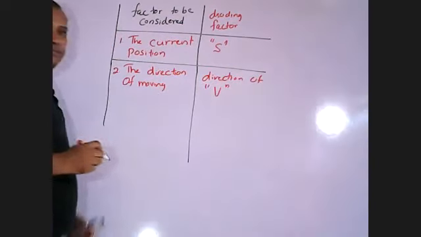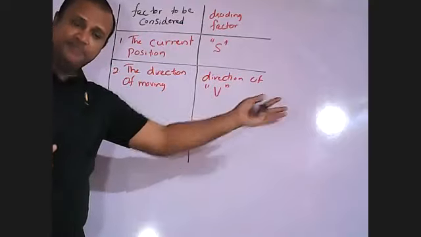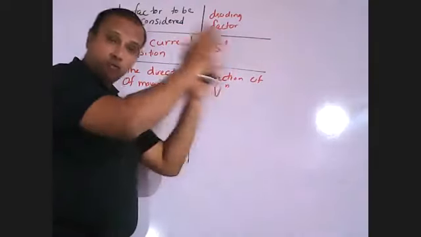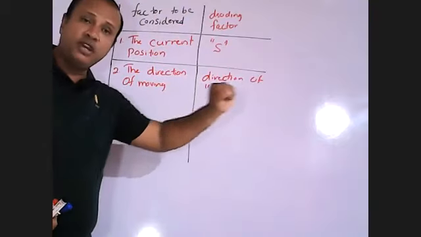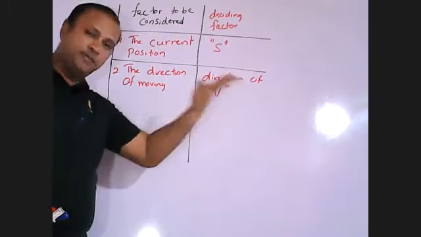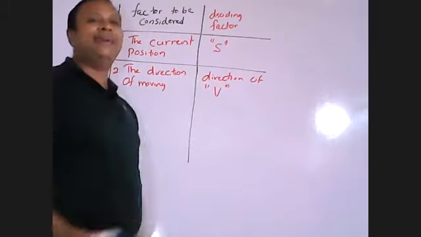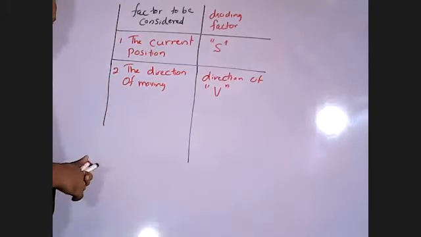If the direction of velocity is on the positive side, the object will move into the positive side. If the direction of velocity is on the negative side, the object will move into the negative side. So that is the deciding factor.